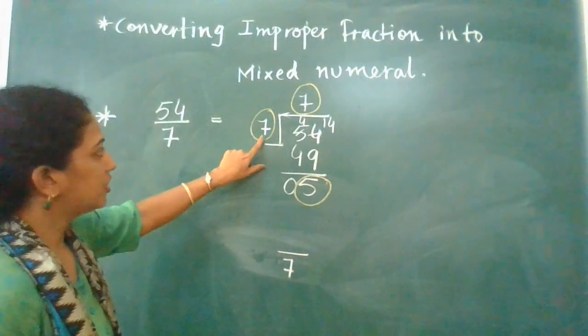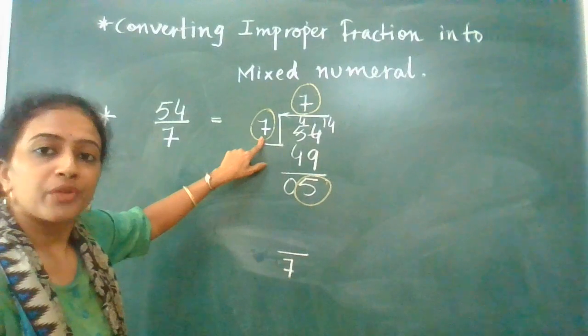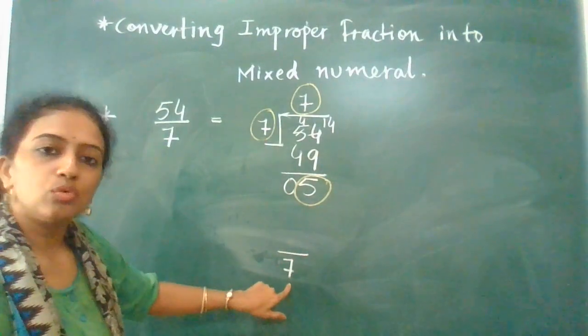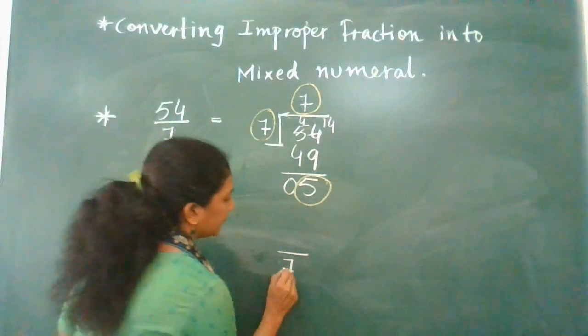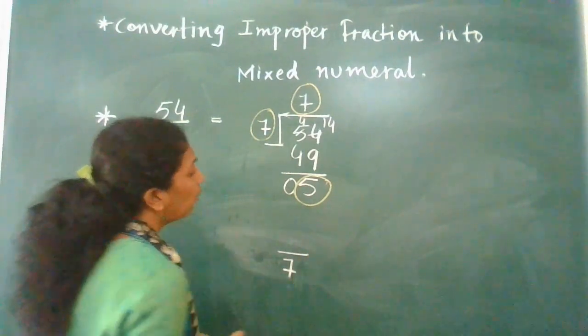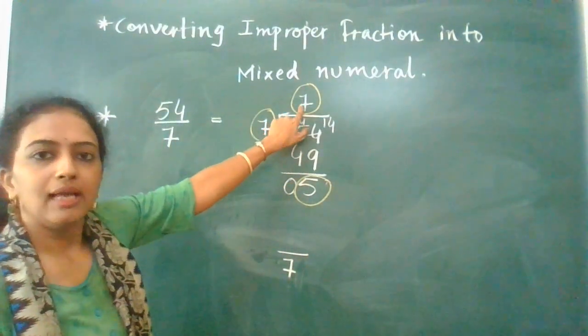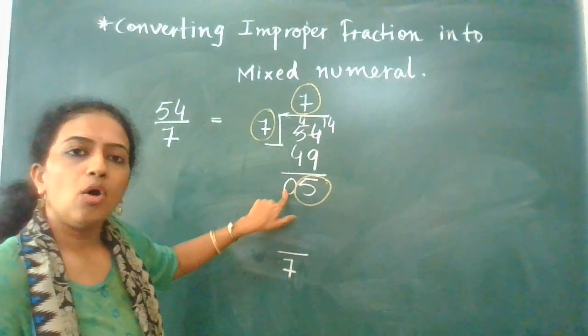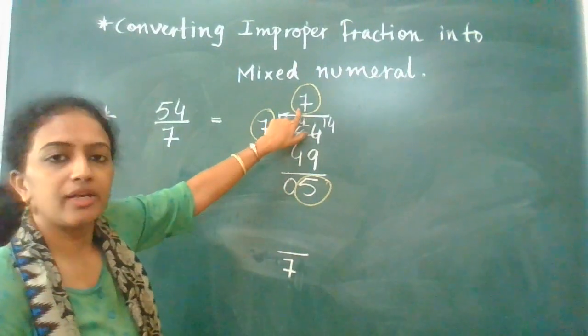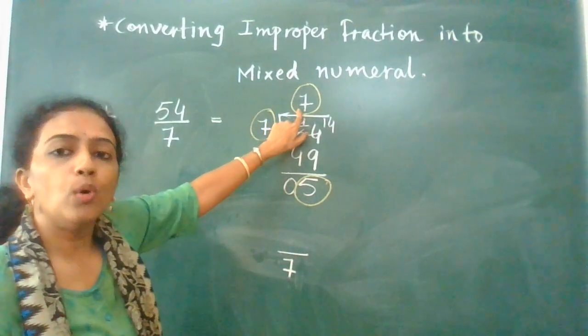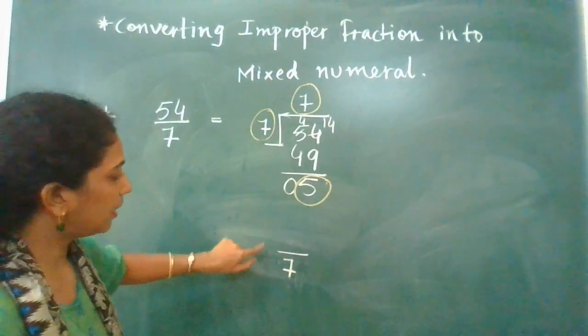Now we are left with the quotient and the remainder. Always remember, the quotient is a whole number. So where will the whole number come? Here.